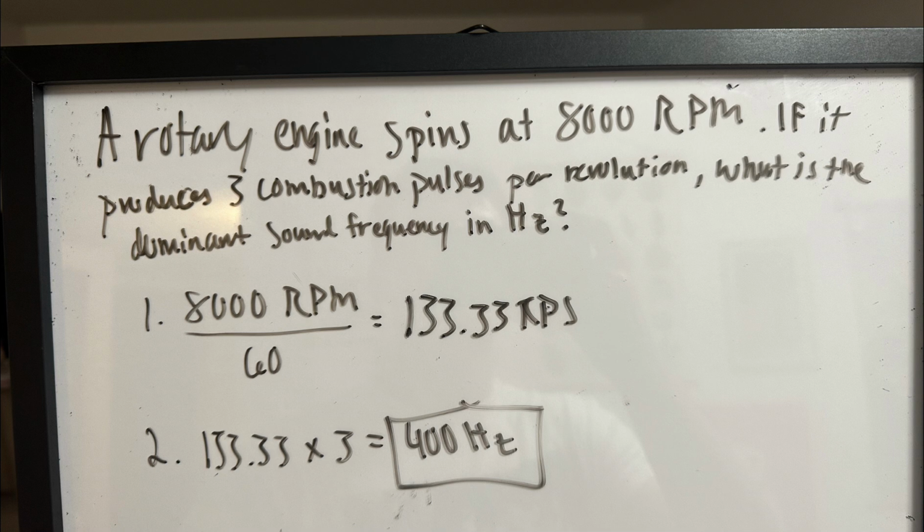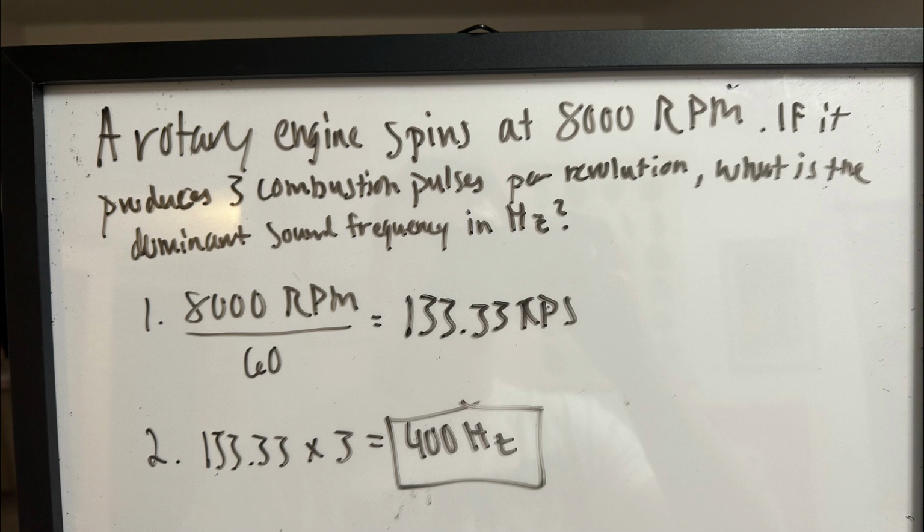So looking at our example problem 2, calculating a sound frequency, we see that if we're given a rotary engine's rotor spins at 8,000 RPM, and it produces 3 combustion pulses per revolution, what is the dominant sound frequency in hertz?